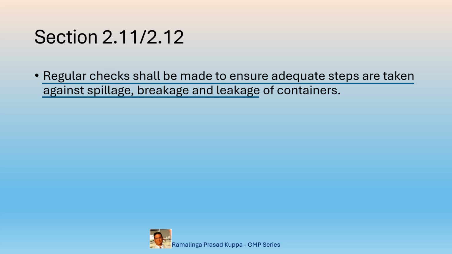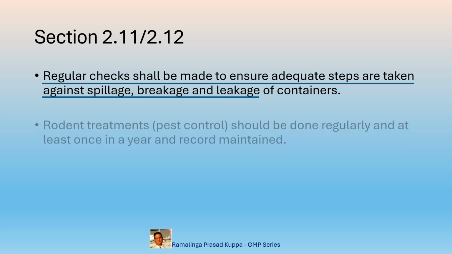There should be a system to clean up or salvage any leakages from the containers. FIFO system may be deviated occasionally with justification for handling of such leaked containers to use in manufacturing to avoid further leakage from damaged containers.